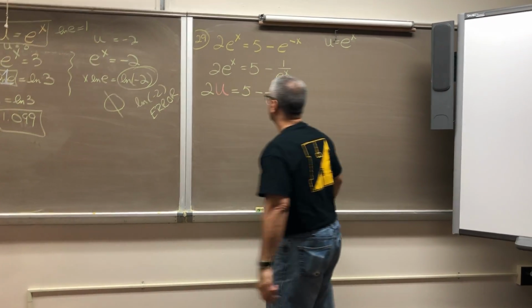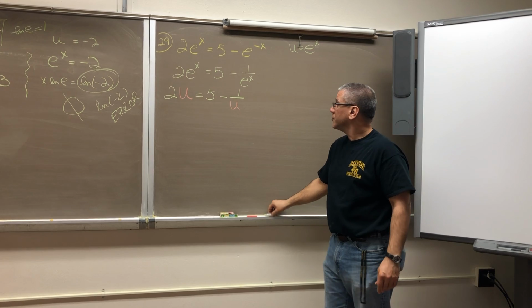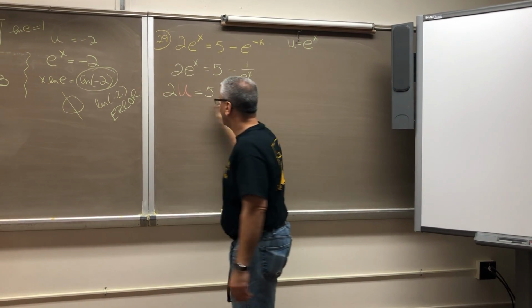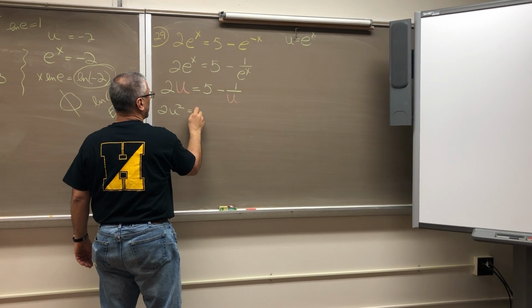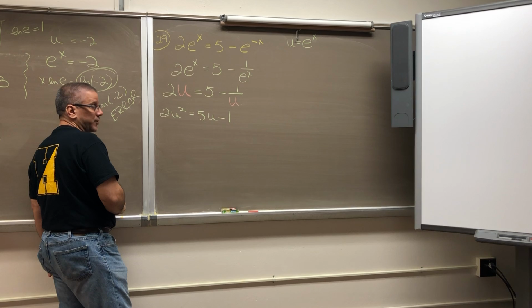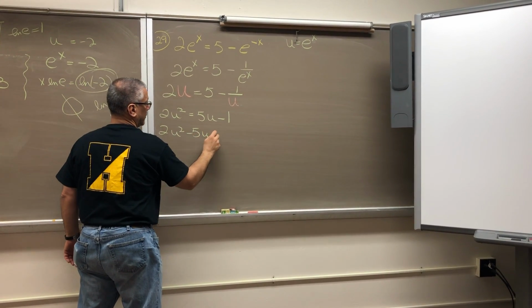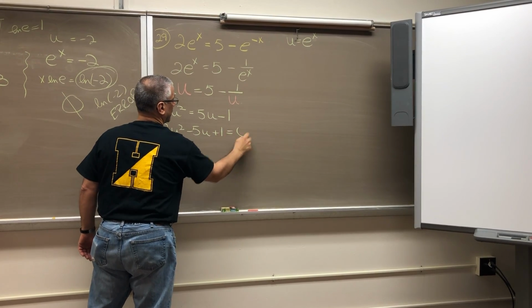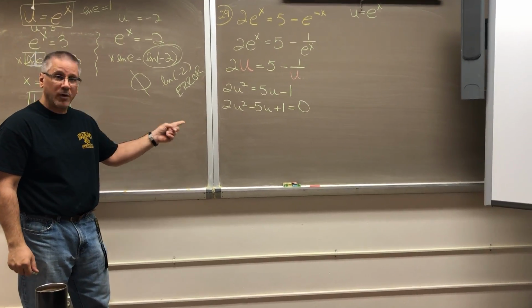And here we have another quadratic. So I'm going to multiply everything by u. And I'm going to set it to 0. That is not factorable. We have to use the quadratic formula.